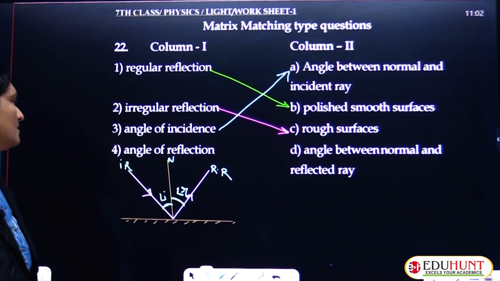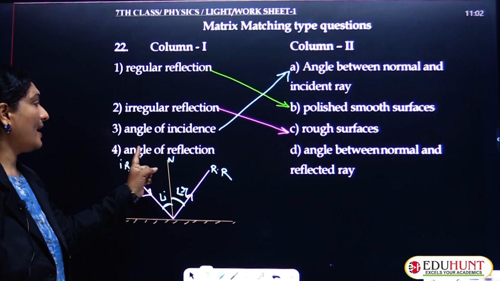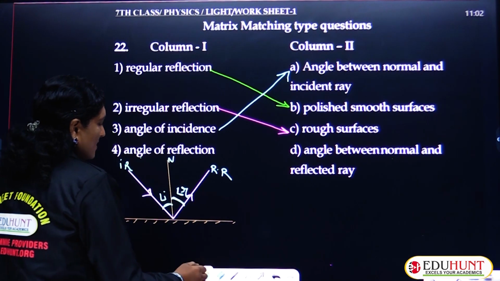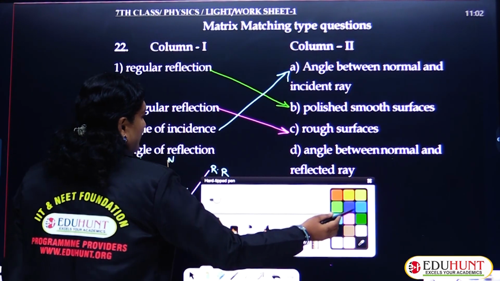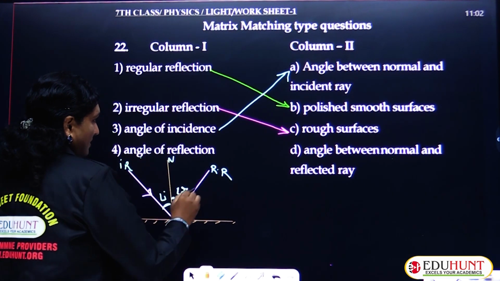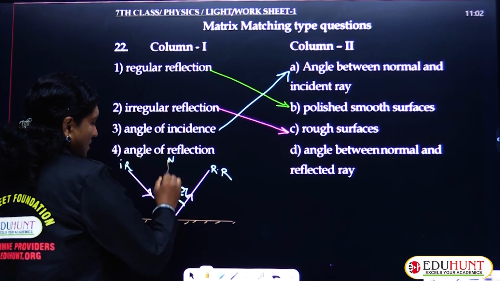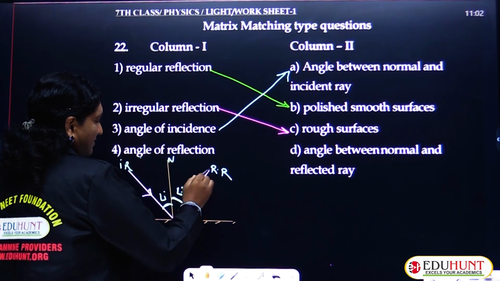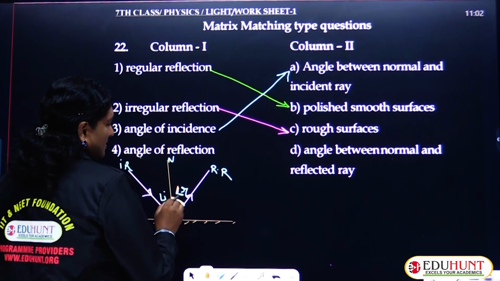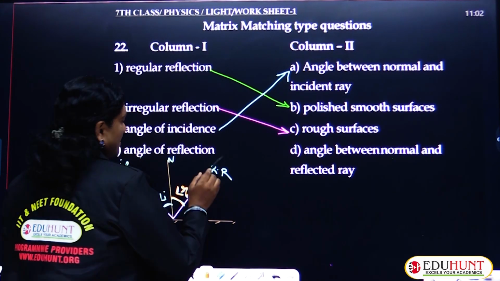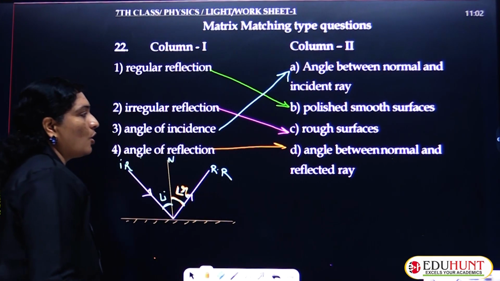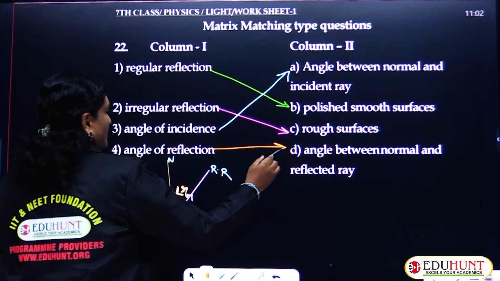Well, now moving to the last portion of that question, angle of reflection. What is the angle of reflection? This portion itself is called the angle of reflection. That means the angle between the normal drawn to the surface and the reflected ray. So the angle of reflection is the angle between the normal and the reflected ray.